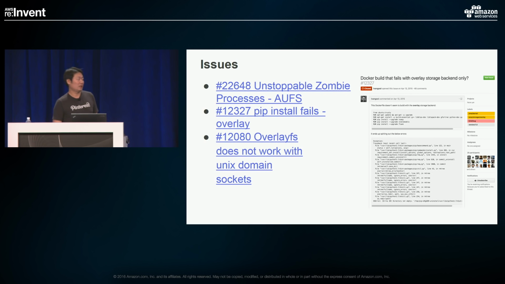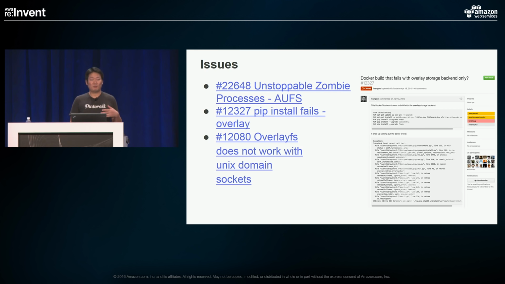Even though we have a very good experience with Docker, and we think it will help Pinterest in the future, we did hit some Docker issues at Pinterest. The issues are mostly related to the storage driver or the union file systems used by the Docker engine. For example, the AUFS one, which is pretty severe.